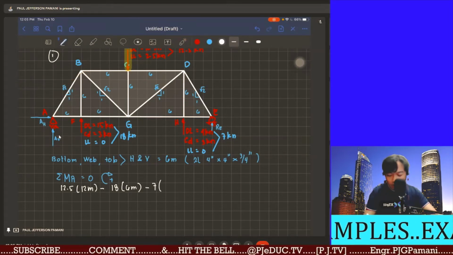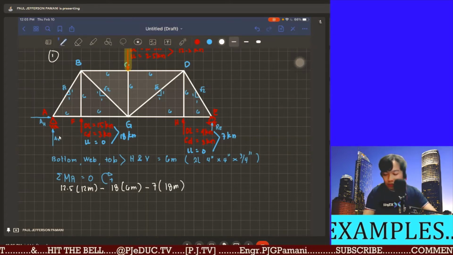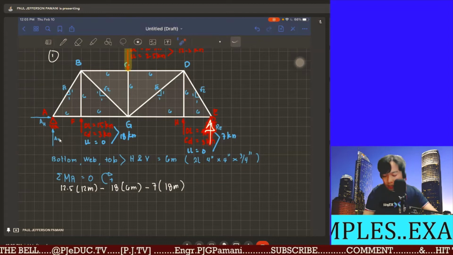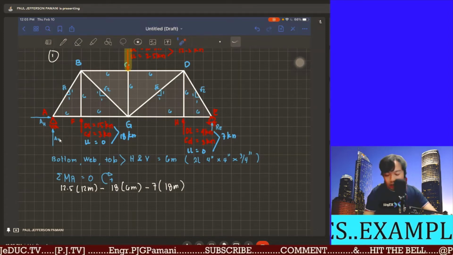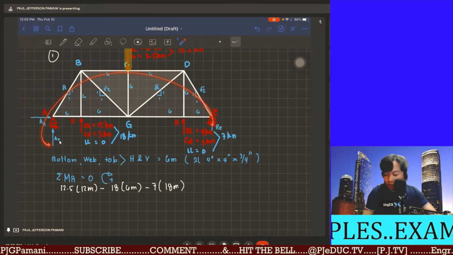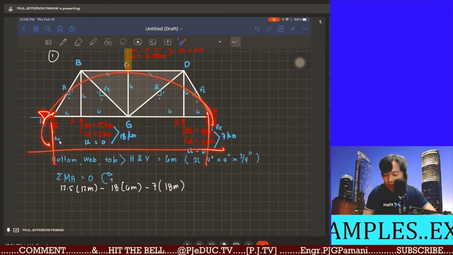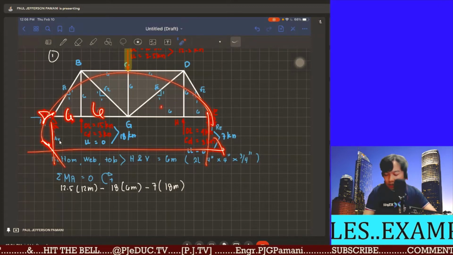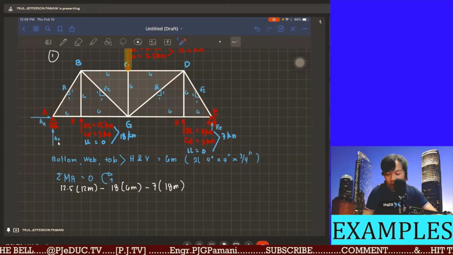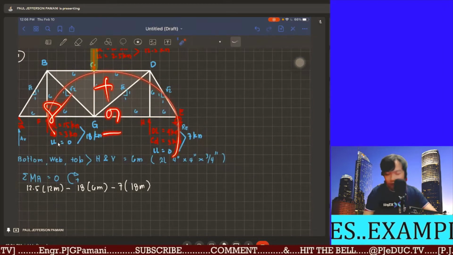Gaano kalayo? 18 meters. And lastly, of course, as we have assumed, the vertical reaction at roller joint E upward going point A counterclockwise. Gaano kalayo? That is 6, 6, 6, and 6. 6 times 4, 24. Counterclockwise, positive or negative?